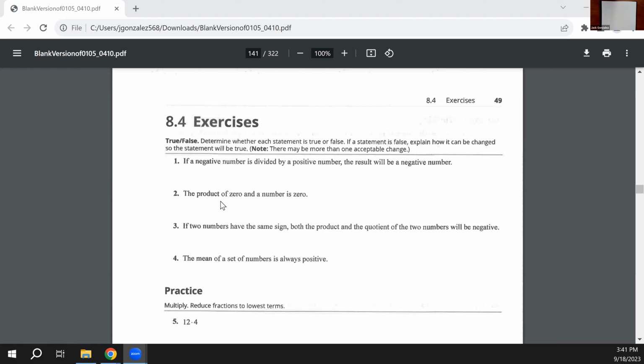Number four, the mean of a set of numbers is always positive. The average is always positive? It can't be. It's a big statement, right? It said always positive. If you had 5 days below zero, the average would be negative, right?